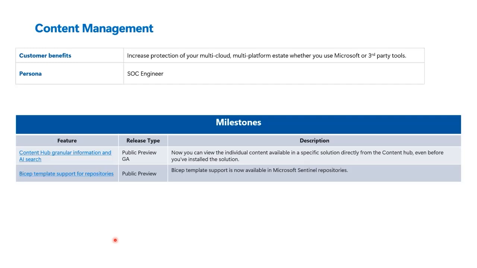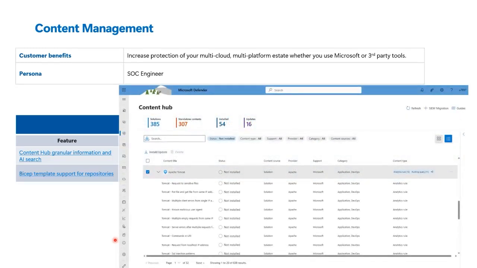So now we have improved the experience to provide you the content hub granular information. So today you don't have to install solutions to explore what content comes with it.